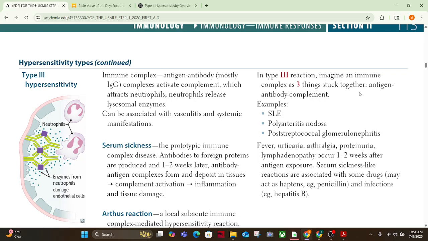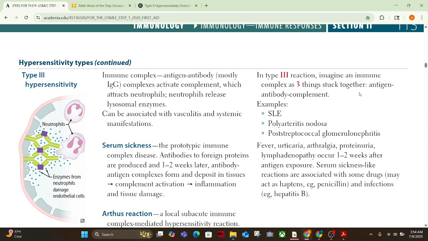So what's happening here? Fever, urticaria, arthralgia, proteinuria, lymphadenopathy. These are all symptoms of serum sickness, and these symptoms happen around 2 weeks after you first get exposed to the antigen.